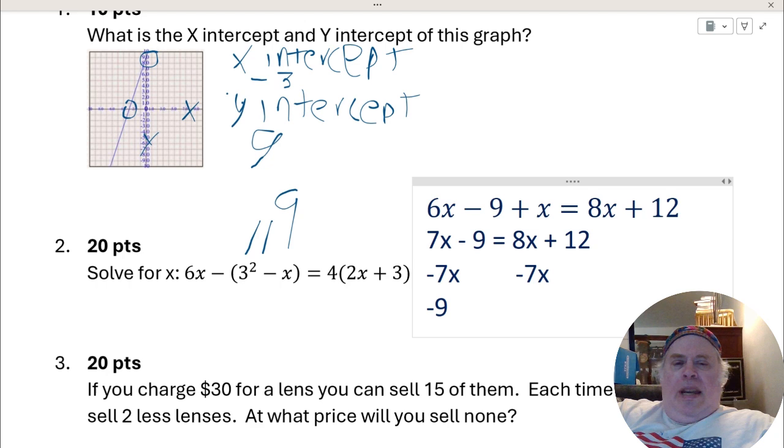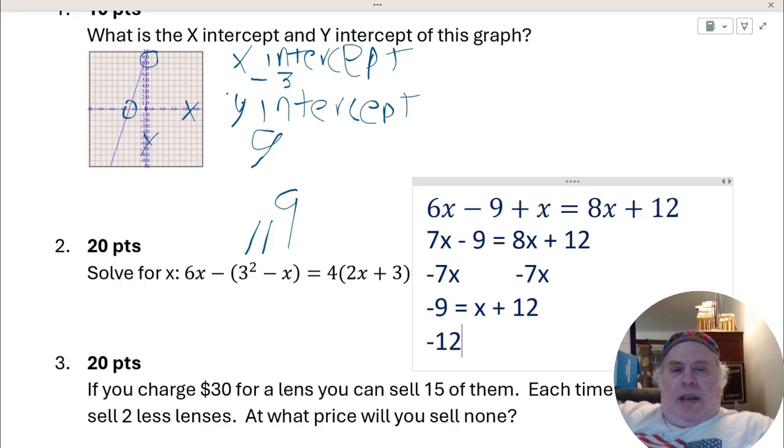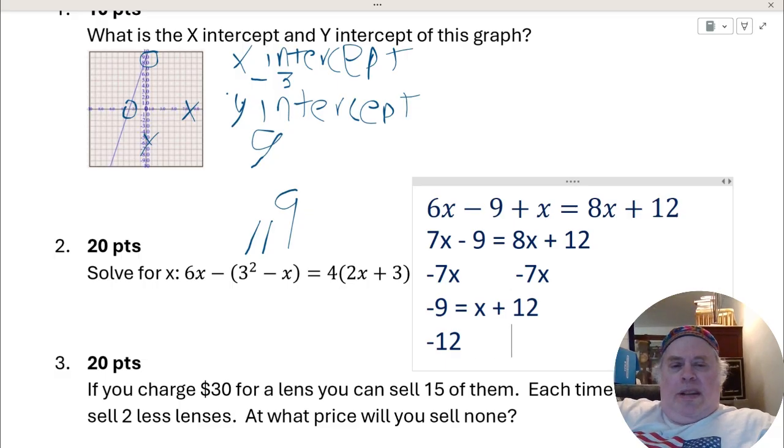So we get -9 equals 1x, or just x, plus 12. Now I subtract 12 from both sides, the same way I did subtracting 7x, and I get -21 equals x.